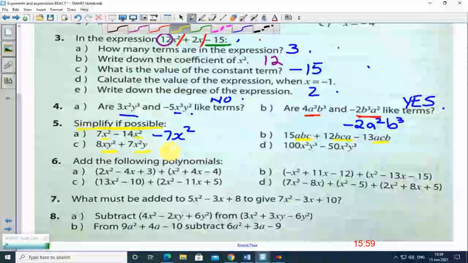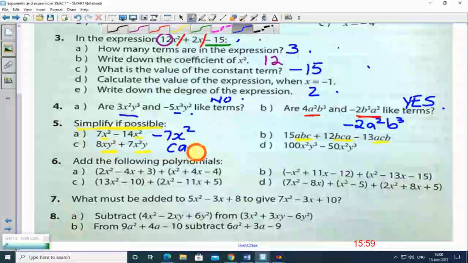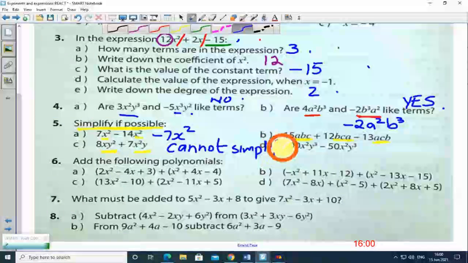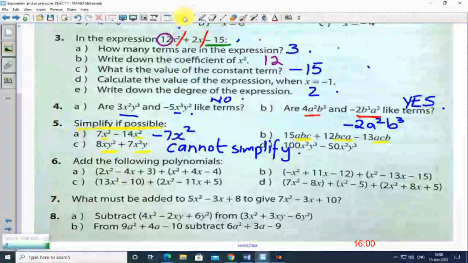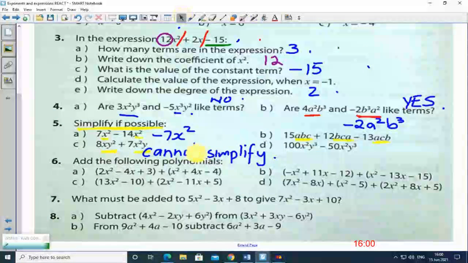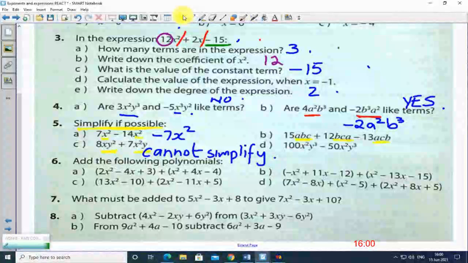So here I've still got 8 xy squareds and 7 x squared y's, and I cannot simplify it further. Okay, so we just said, you can write something like "cannot simplify." You cannot simplify that one, because they are unlike terms.